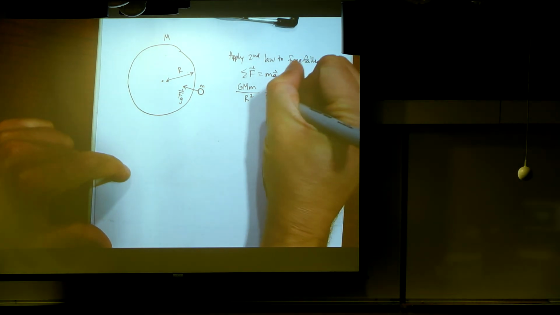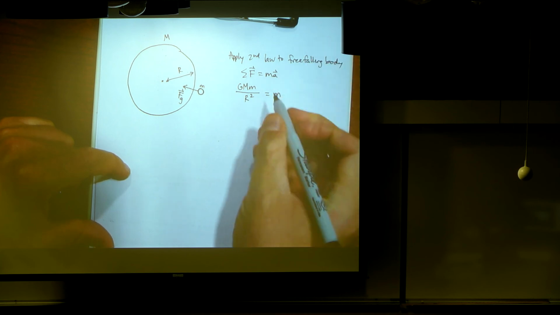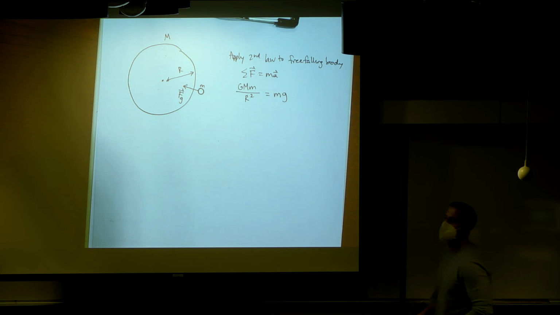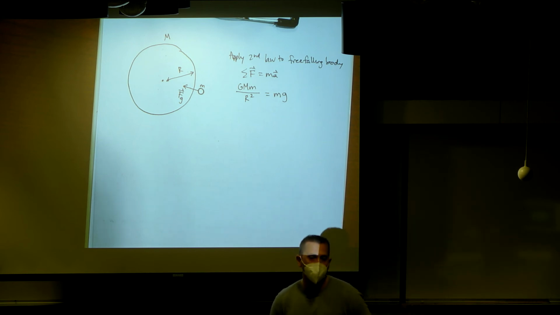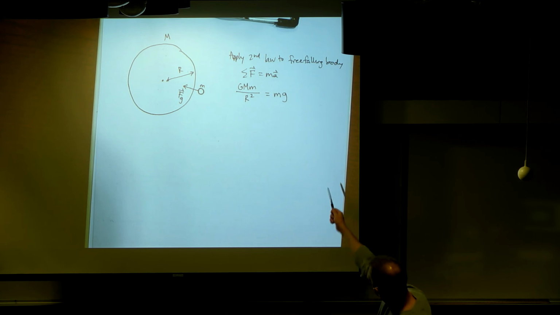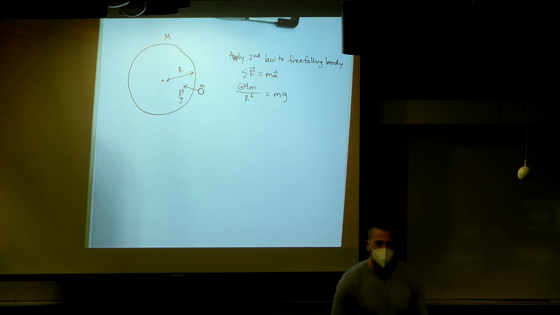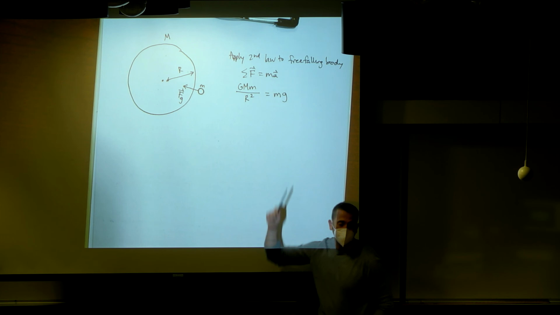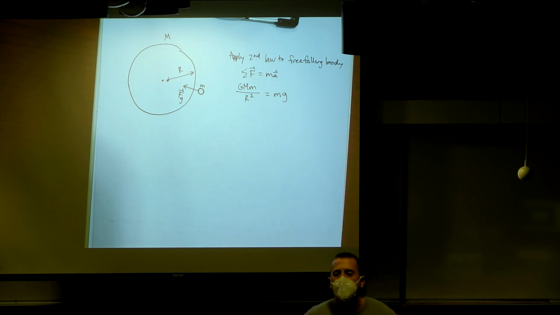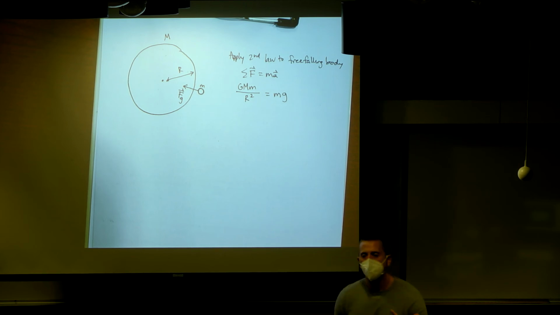Now, on the other side of the equation, I have little m, and then I'm going to put in here lowercase g, because lowercase g, by definition, is our free fall acceleration. That's all it is. It's just a special case of acceleration when you're in free fall. What does it mean to be in free fall? You guys remember? The force of gravity is the only force acting on the object.